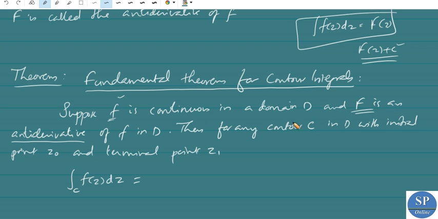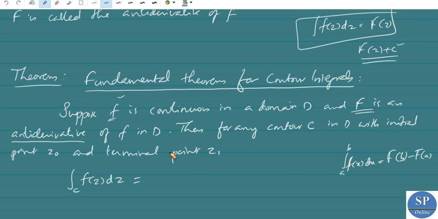Then we already know in the case of real variable, functions of real variable, we have integral a to b f of x dx is nothing but F of b minus F of a, where capital F is the antiderivative of small f.